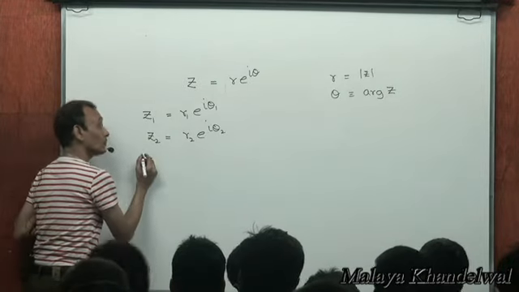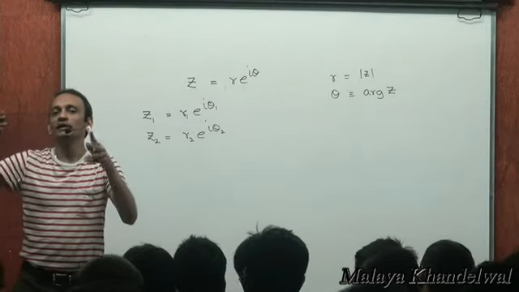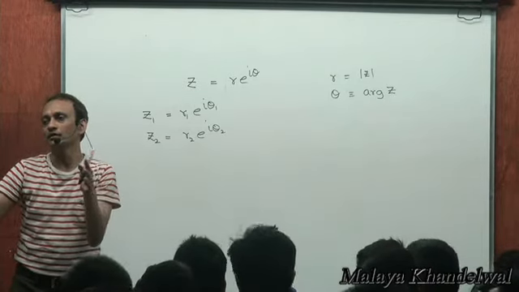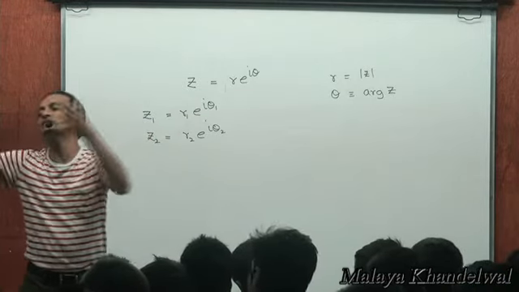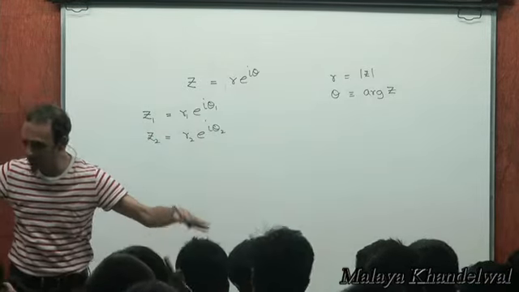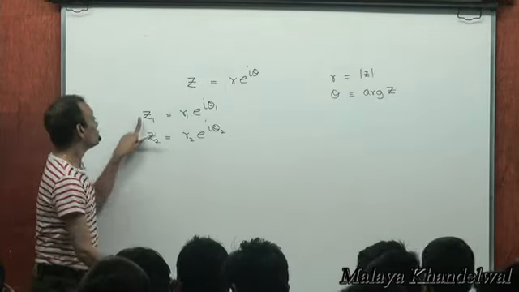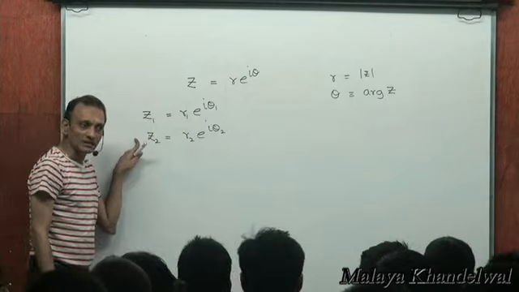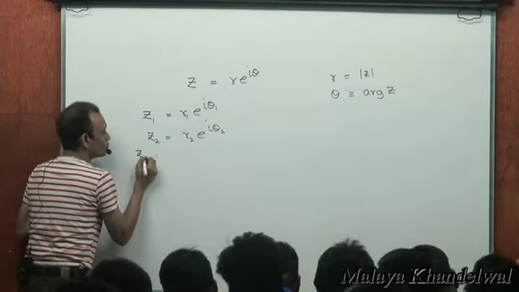Now, the product of two complex numbers would be another complex number. If x1 plus iy1 is multiplied with x2 plus iy2, you would get something like a plus ib, which would be yet another complex number. Product of two complex numbers is also a complex number. So if I multiply these two complex numbers, I'll get yet another complex number, z1 z2.